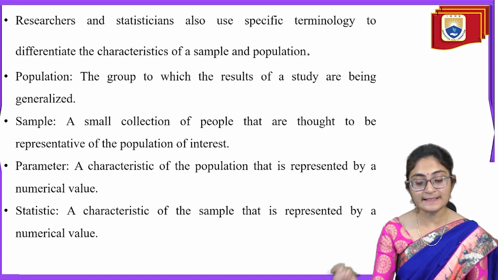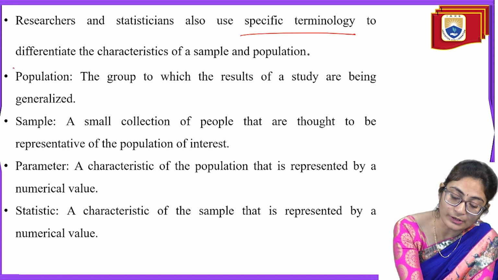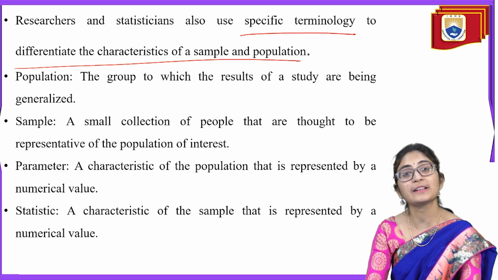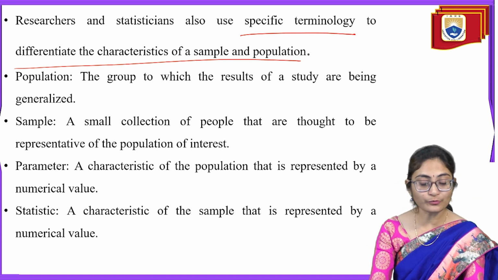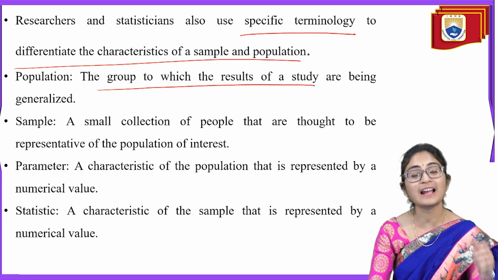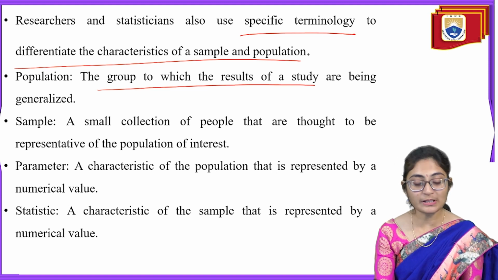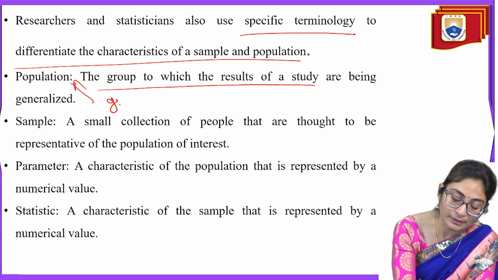Researchers and statisticians also use specific terminology to differentiate characteristics of the sample and population. We know that the population is the group to which the results of the study are being generalized. That means population is your group.